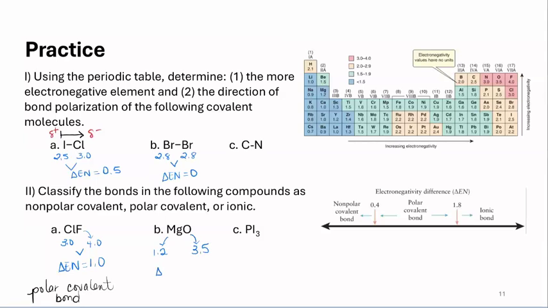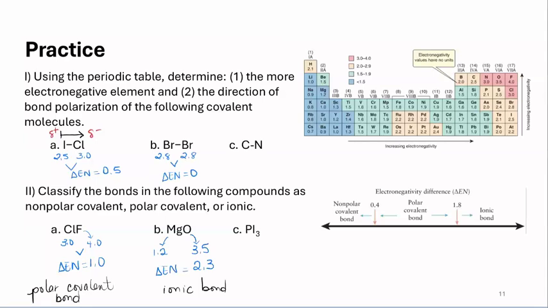So the difference in electronegativity for these molecules is 2.3. That means that when I look at my distribution, since 2.3 is in this range, the type of bond that is present in this molecule is going to be an ionic bond.